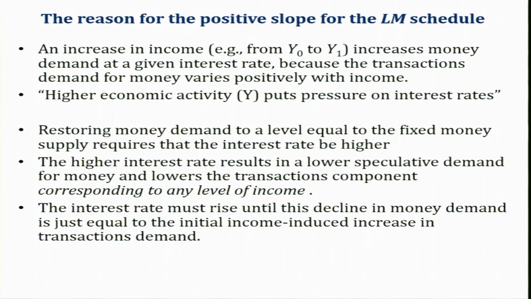The higher interest rate results in a lower speculative demand for money and a lower transaction component corresponding to any given level of income. The interest rate must rise until this decline in money demand is just equal to the initial income-induced increase in transaction demand for money.